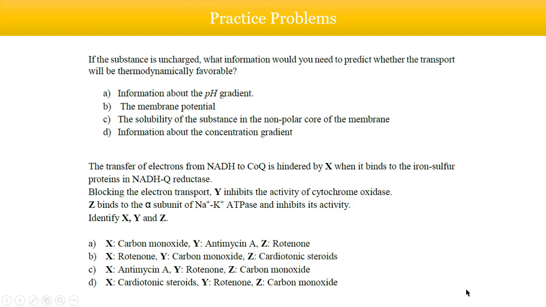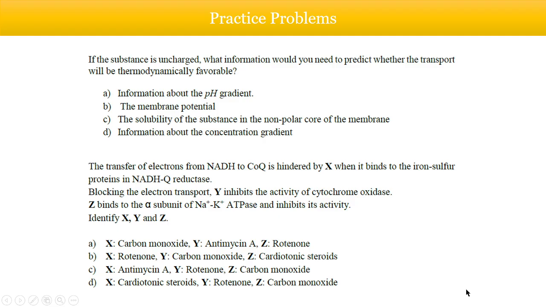The substance will therefore move from a higher concentration towards a lower concentration, because that is the more thermodynamically favorable process due to delta G being negative. So there is a downhill transport. The pH gradient and the membrane potential are more relevant for charged substances or processes coupled to proton movement.